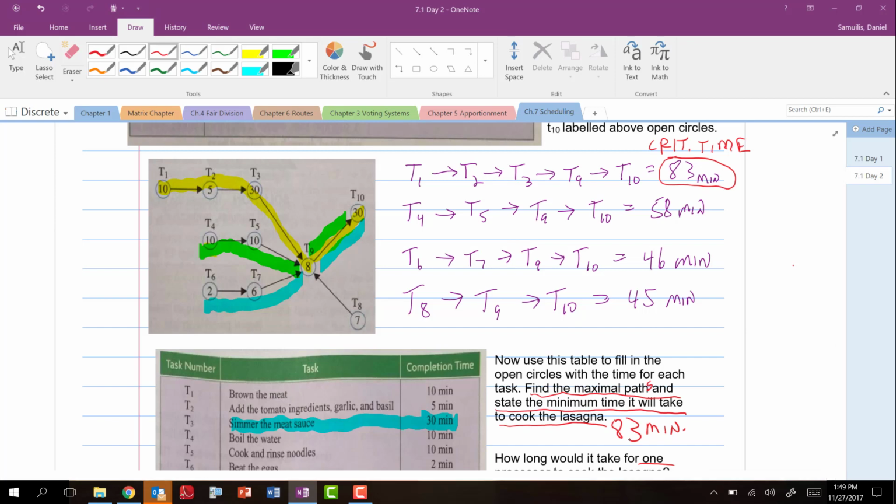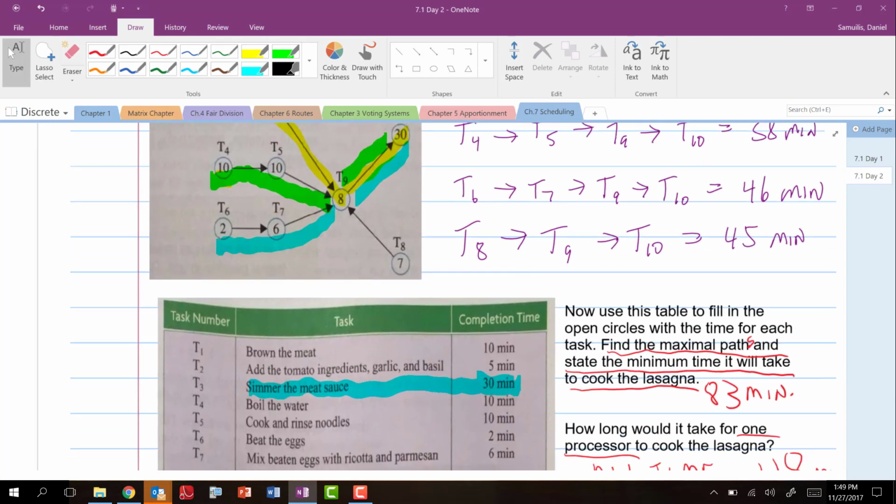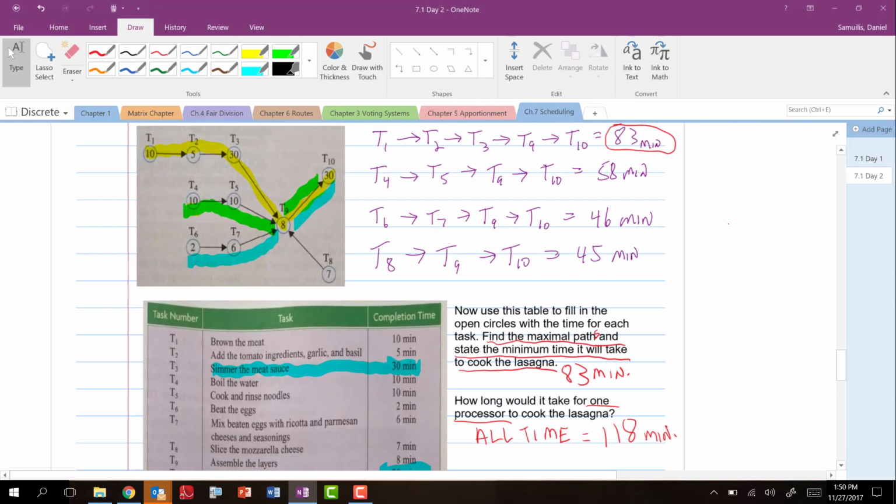T1 takes 10 minutes. You can't shorten that task. T2 takes 5. T3 should take 30 because you need those flavors to meld together. T9 does take 8, and then T10, you should bake it all for 30 minutes to let those flavors meld together. The minimum this could take is 83. The maximum it should take is 118 if you only had one person.